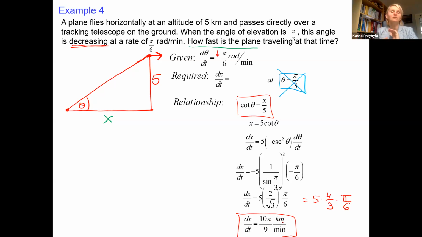But I'm assuming that the answer makes sense, is definitely positive, and I think we didn't make any calculation mistakes. Okay, that's it for this slide. On this question, I wanted to point out that you should always check cotangent versus tangent.